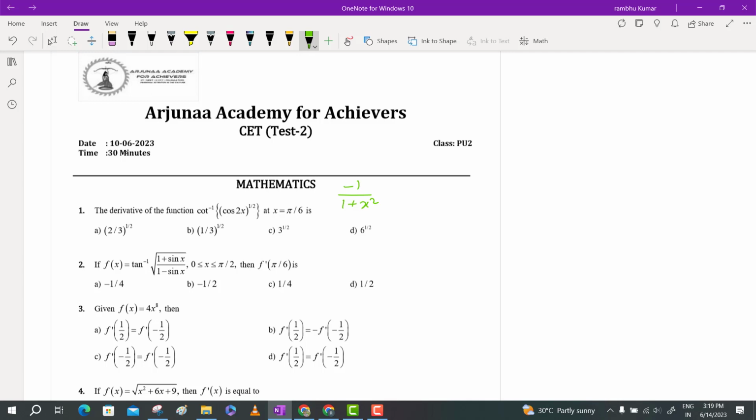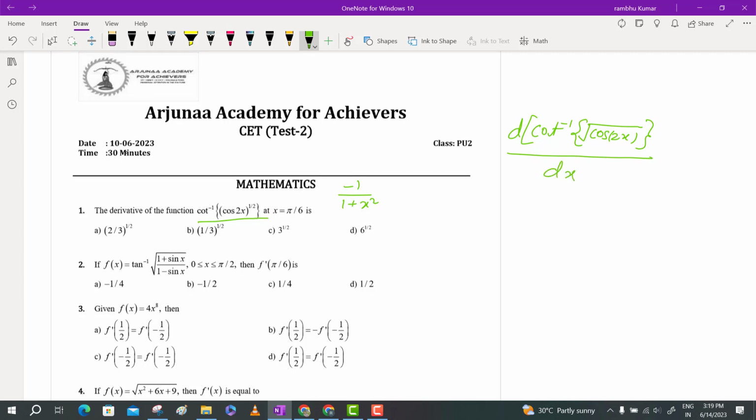So here we have the function given as cot inverse of root under cos 2x, and we have to find the derivative of it. So this is the function we have been given, and we have to find the derivative.